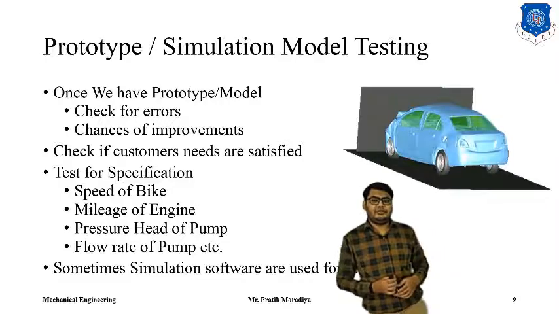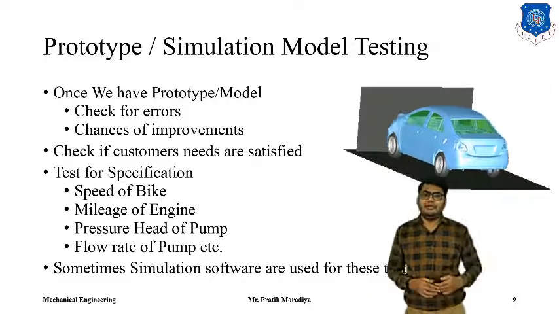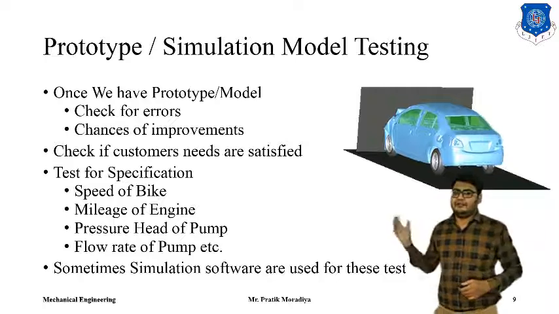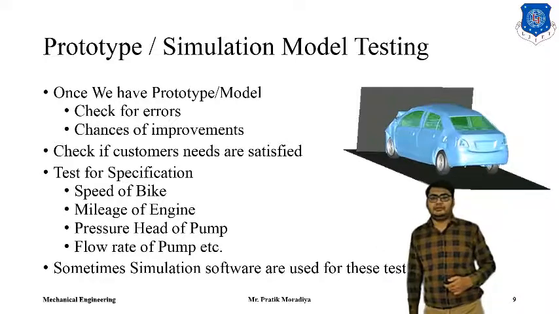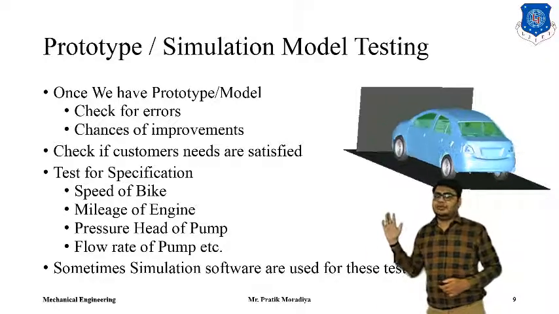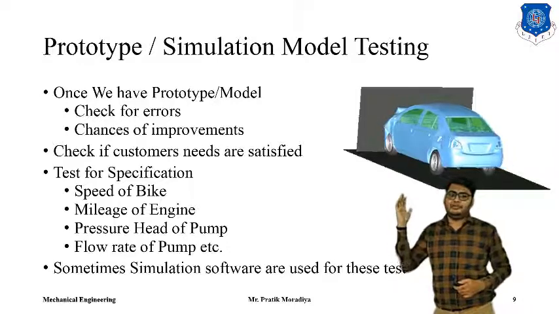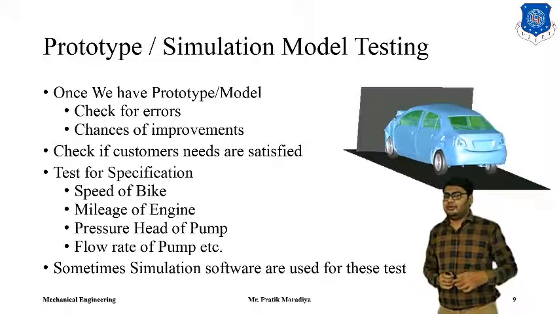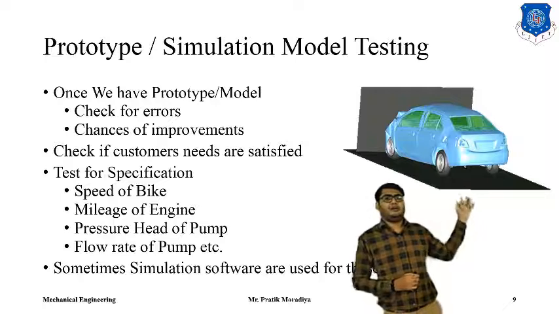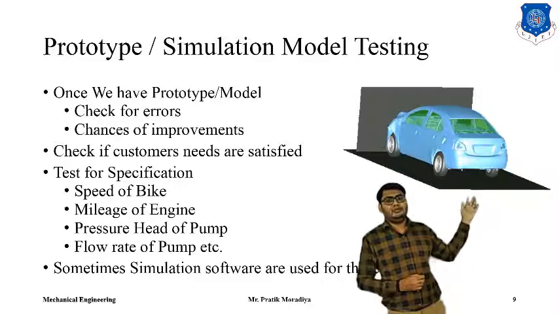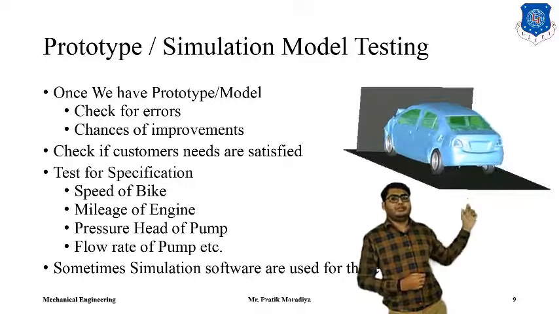But instead of doing those tests on physical models or physical prototypes, we can use simulated models, which are more helpful because they are not as costly and they are not destroyed after the test.